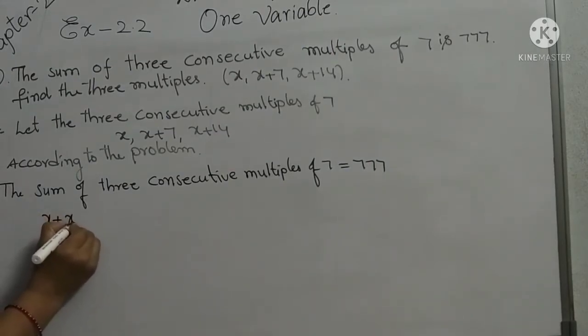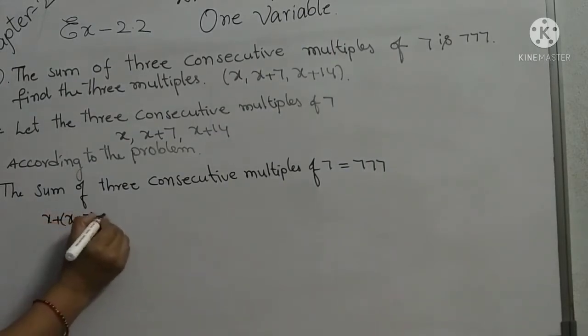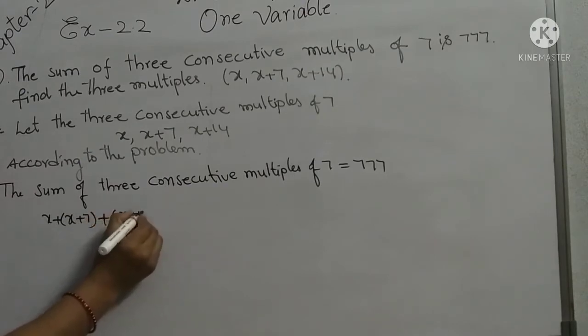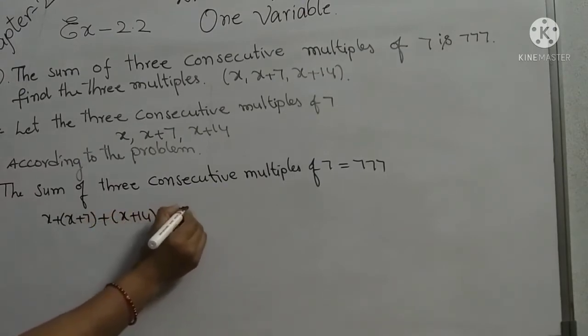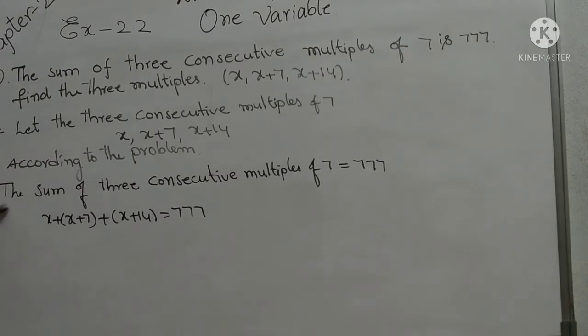So what is that? X plus x plus 7 plus x plus 14 equal to 777. Sum of three consecutive, sum means addition. So here x plus x, the symbol is the same, x plus x 2x, 2x plus x 3x.